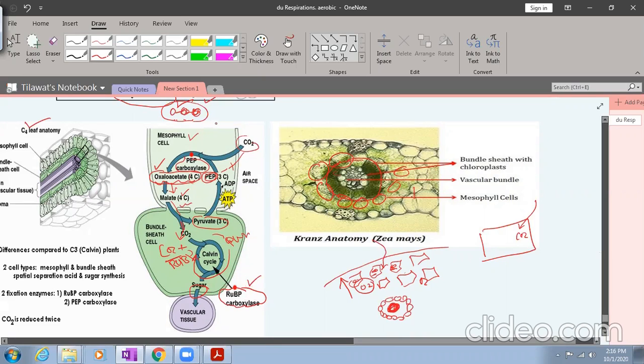And here in this mesophyll cell oxygen is more because of high light intensity, because of the high light reaction of photosynthesis. That's why this PEP carboxylase enzyme helps us and takes this carbon dioxide indirectly to where? To the bundle sheath. So the adaptation in the C4 plant is having what? Bundle sheath. Am I clear? This is one adaptation.